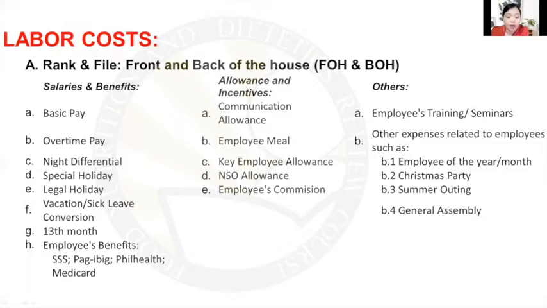To break down the labor cost, so for example, this is from the labor costs computation that we use.